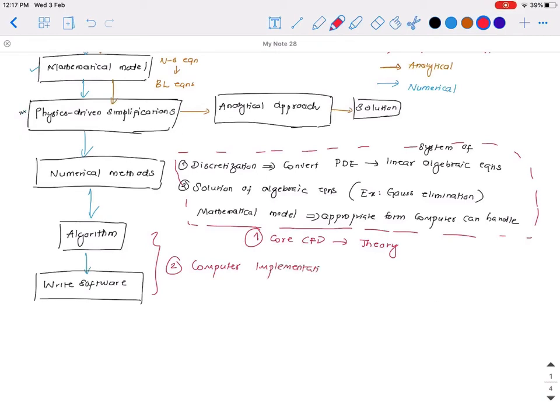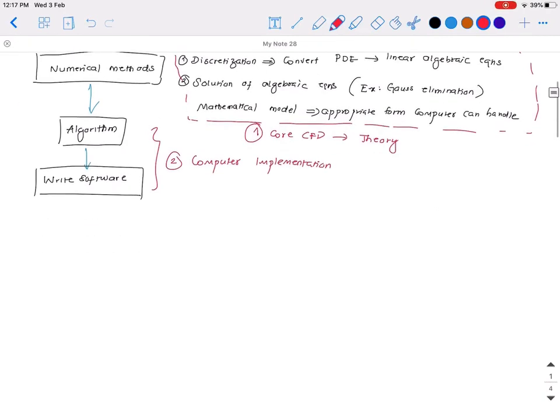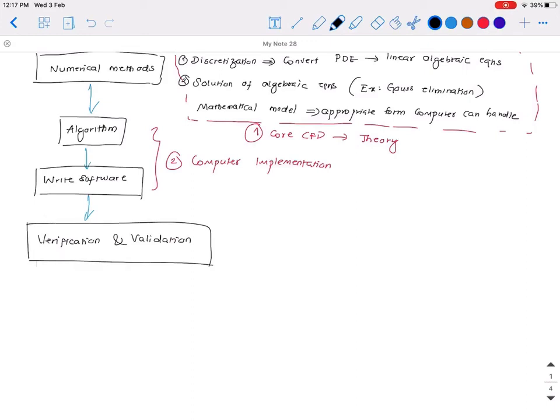Okay, once the computer implementation is done, what we need to do is verification and validation. Okay, you have used a mathematical model, you have converted the partial differential equation into a system of linear algebraic equations, you have written a code, and you have got the solution.